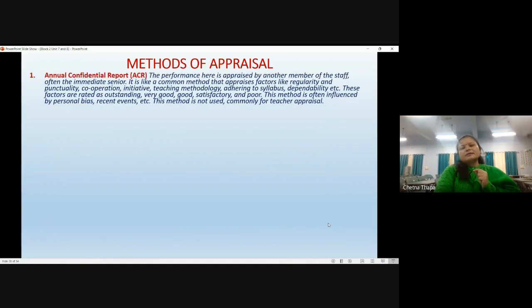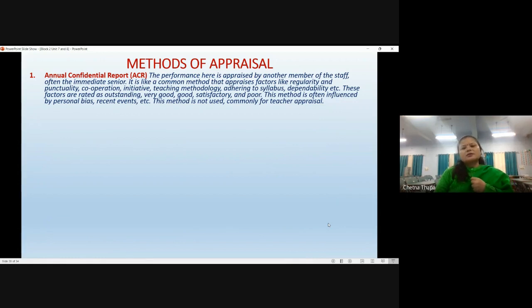Now, there are various methods of appraisal. The first one is ACR, that is Annual Confidential Report, that is usually followed by most of the institutions. Here, performance is appraised by another member of the staff, often the senior member.